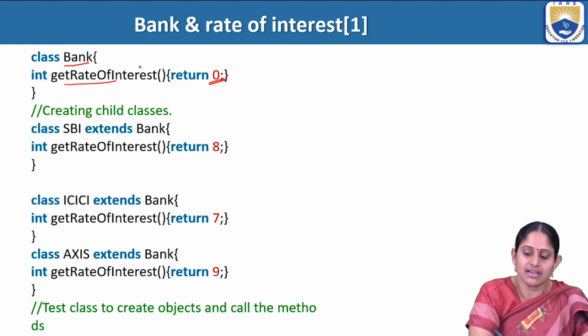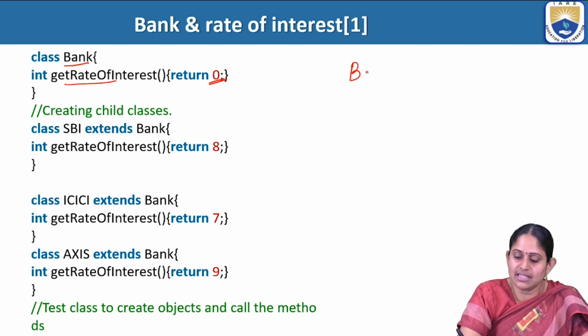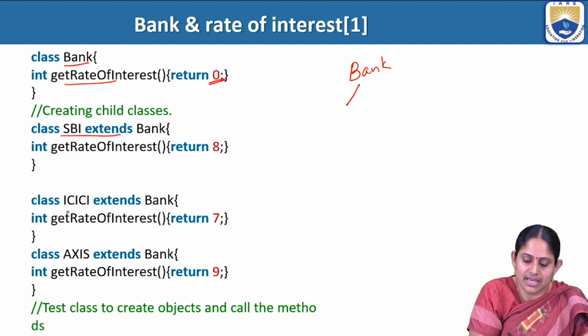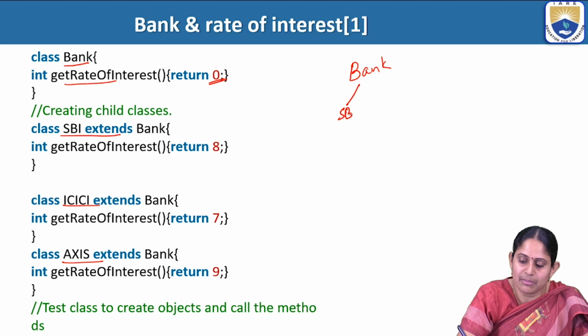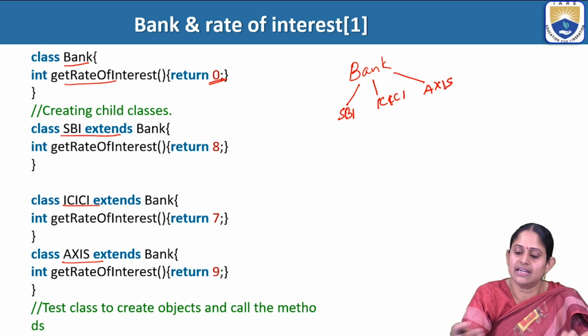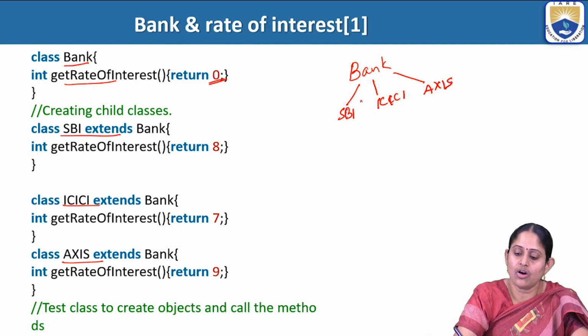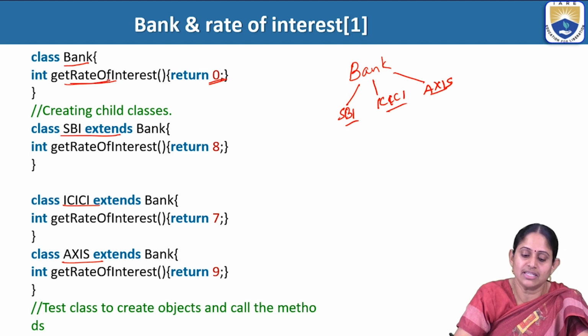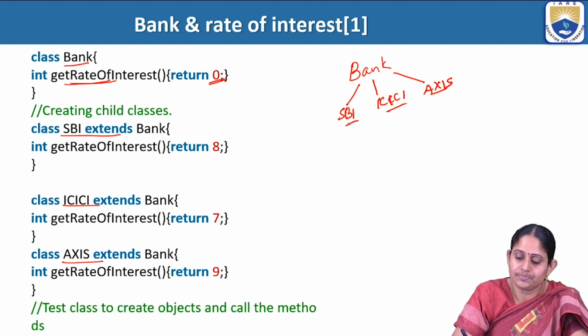Now from this bank there are three other classes which are inherited. So we have SBA extending the bank, ICICI extending the bank, as well as Axis. So three classes are inherited from the bank class, and all these three classes will have the method getRateOfInterest.